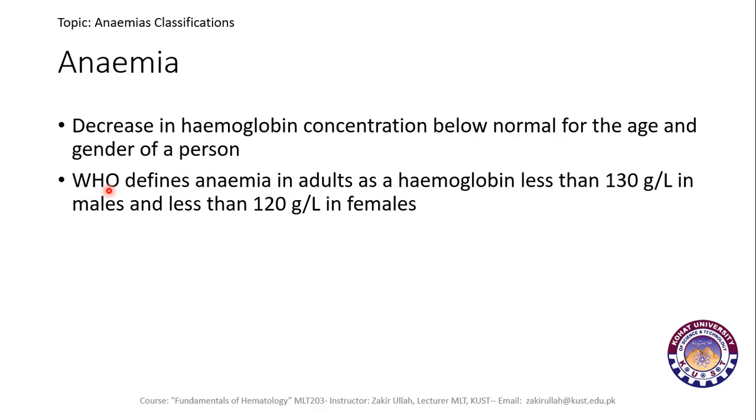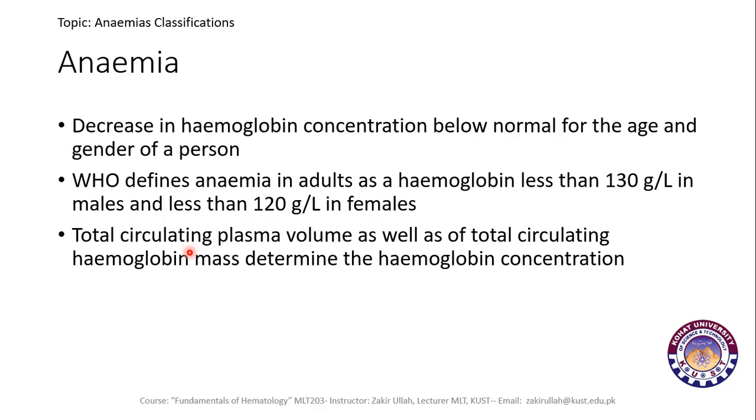The World Health Organization defines anemia for adults as hemoglobin concentration less than 130 gram per liter in male and 120 gram per liter in female, or we can say 13 gram per deciliter in male and 12 gram per deciliter in female. So this is the boundary, the lower limit of hemoglobin concentration, and the person who has hemoglobin concentration below this limit, we can call him an anemic person.